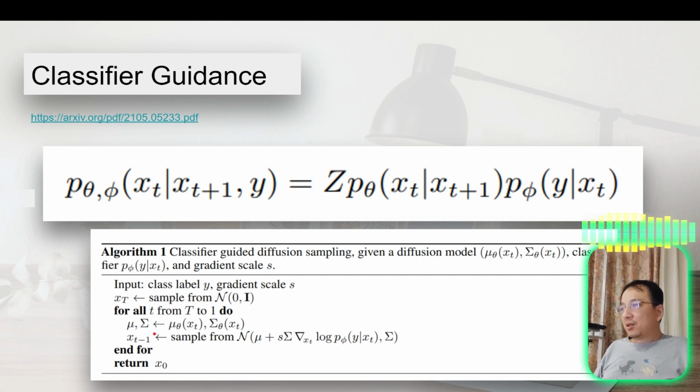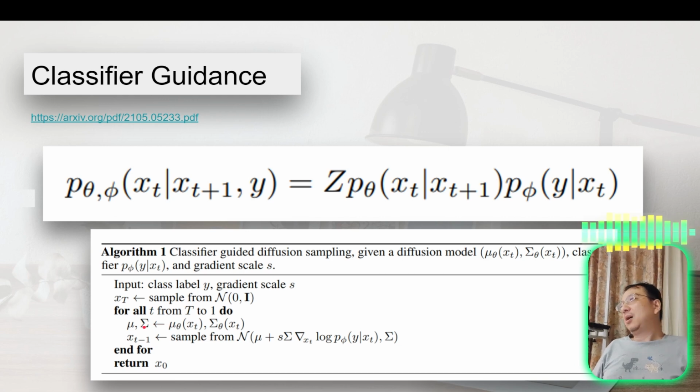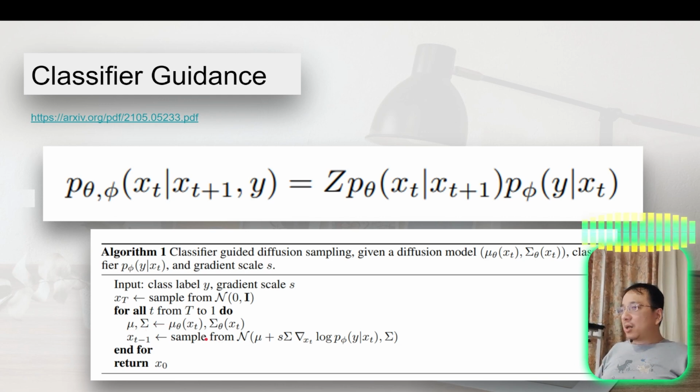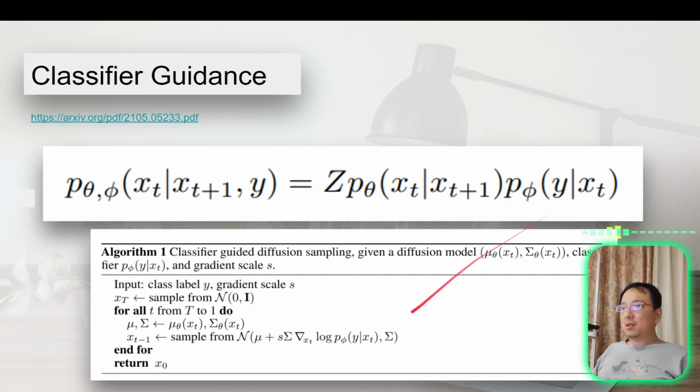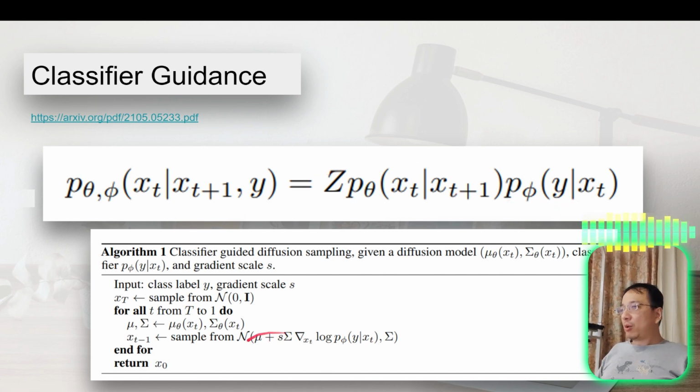If it is unconditional, we simply sample xt minus 1 from the normal distribution with the corresponding mu and sigma. Also, because we are considering the log of the probability density function, the product becomes, when we take the log, the summation of the log probabilities. That's why we have a summation right here.